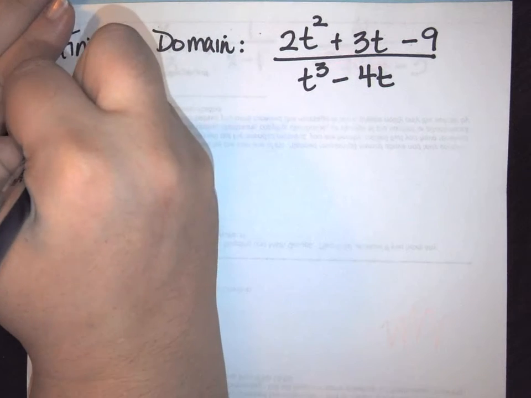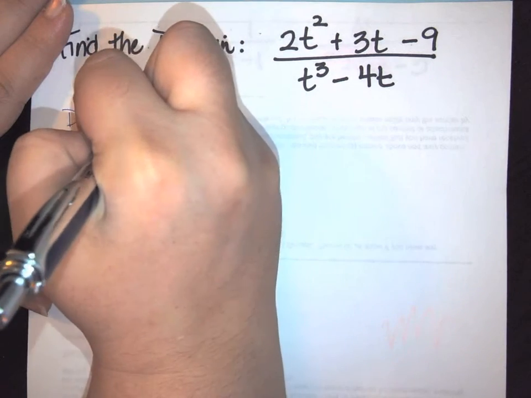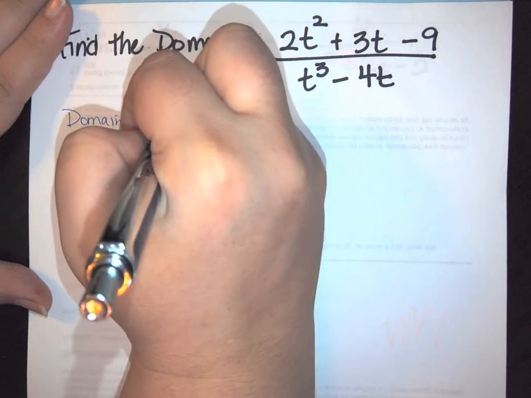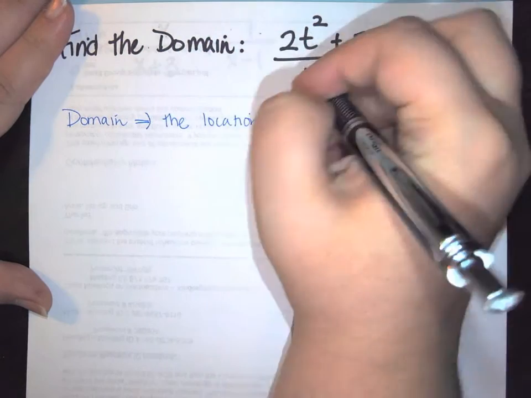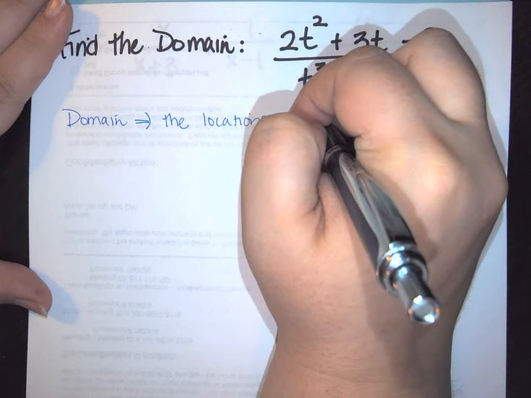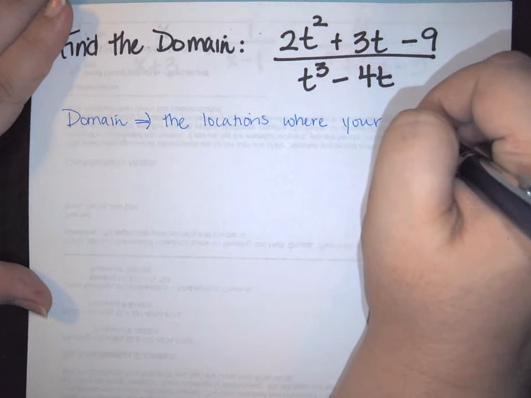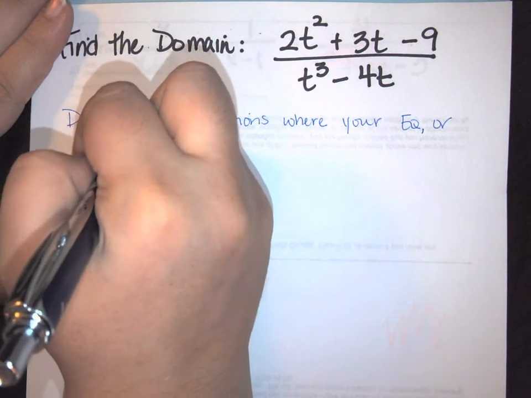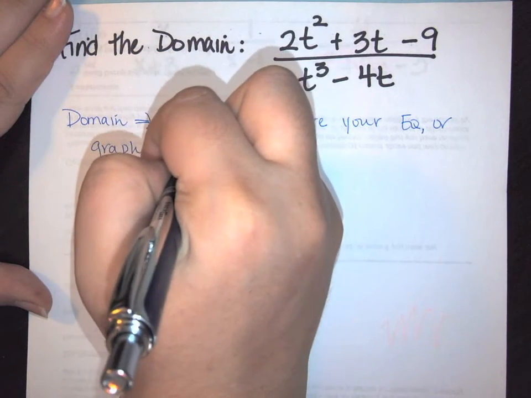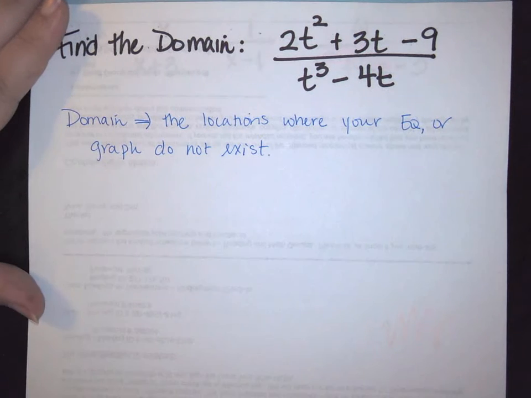Well, if you remember, your domain is the locations where your equation or graph do not exist.